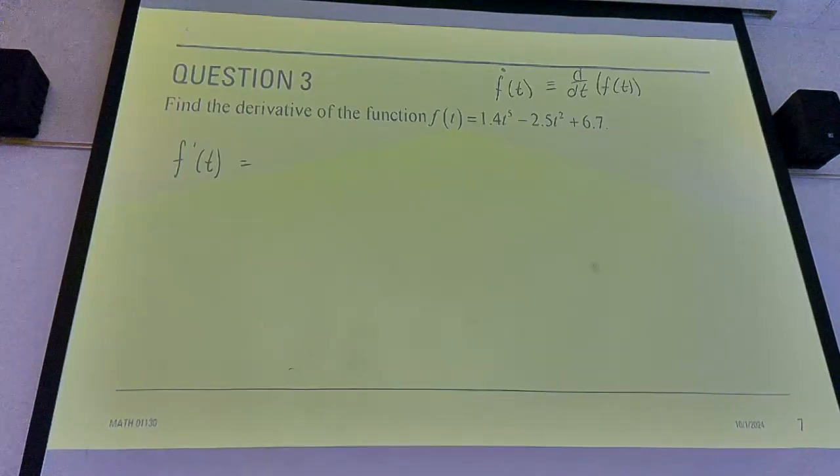Now times that by 1.4. T squared times 2.5. 6.7. There's your derivative.